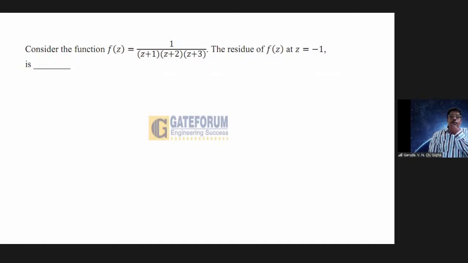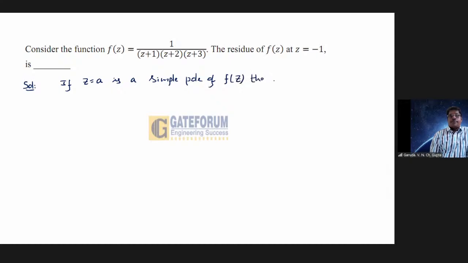Next, this question is from complex variables. Consider the function f of z is equal to 1 by z plus 1 into z plus 2 into z plus 3. The residue of f of z at z is equal to minus 1 is. Solution. So, here, if z is equal to a is a simple pole of a complex function f of z, then residue is denoted by Res.